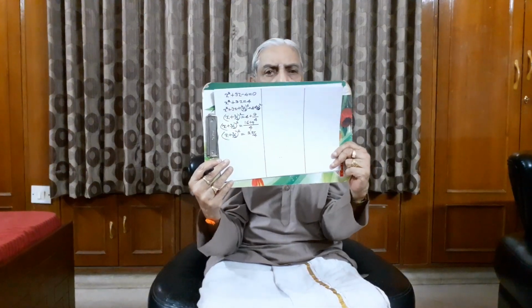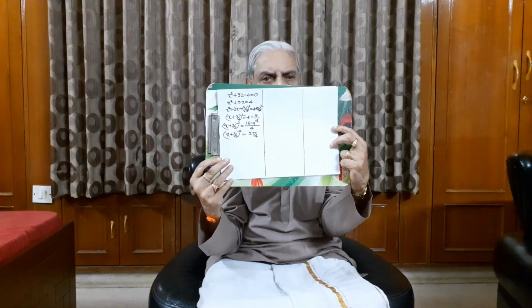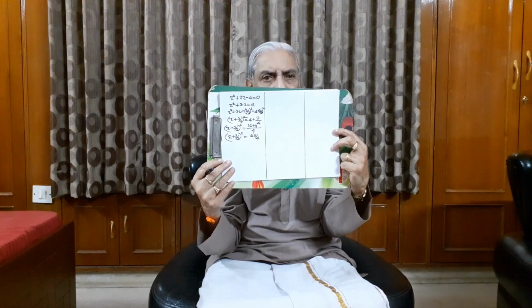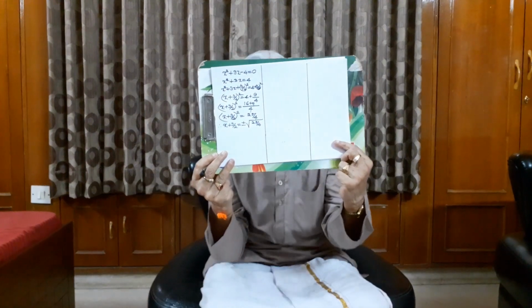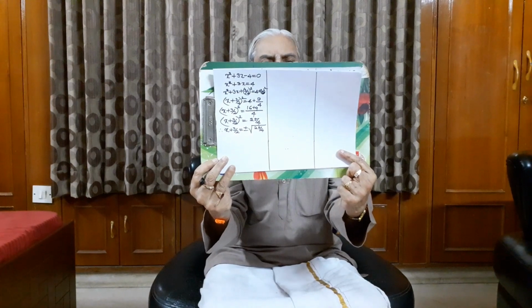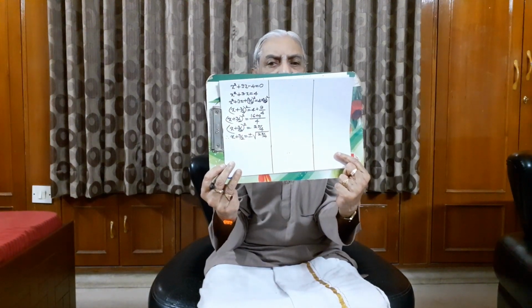This is a perfect square. 25/4 is a perfect square. So when you take out the square root, please see that. x plus 3/2 the whole square is 25/4. Therefore, x plus 3/2 will be equal to what? Plus or minus square root of 25/4. It is a perfect square.